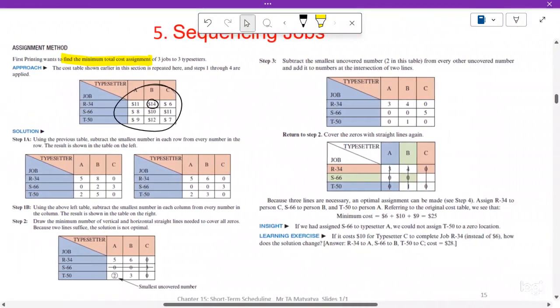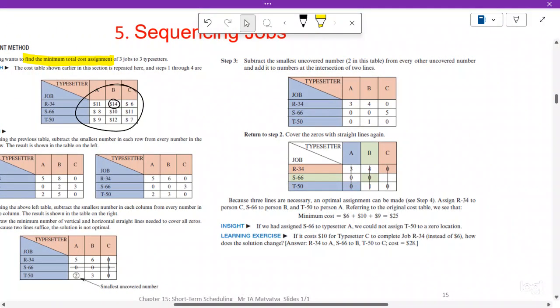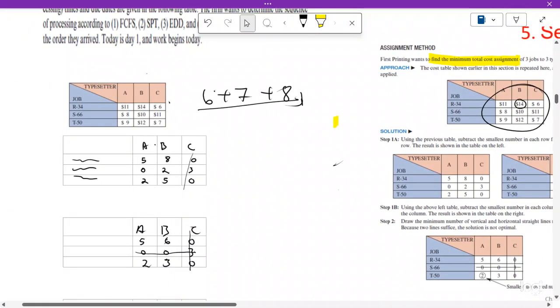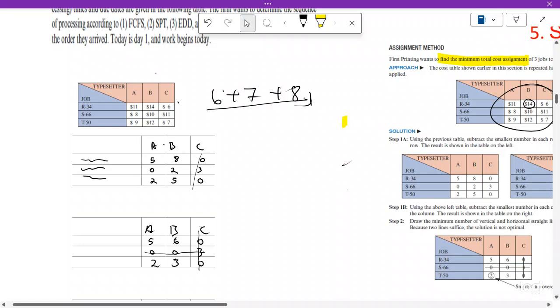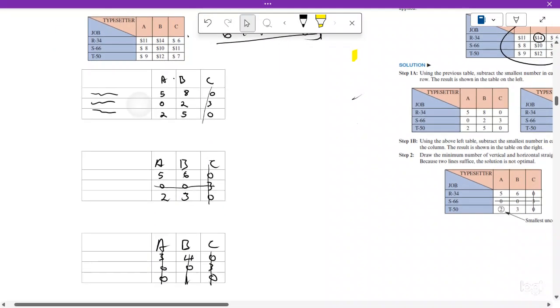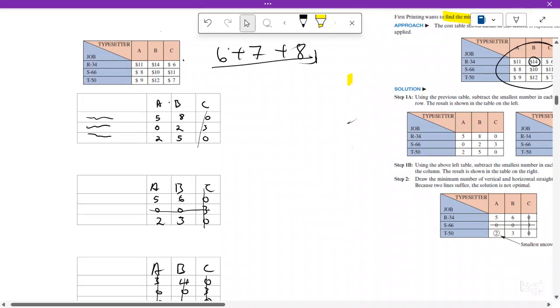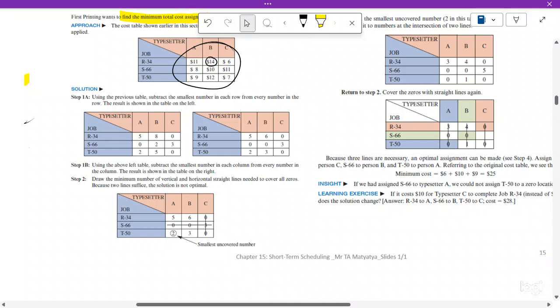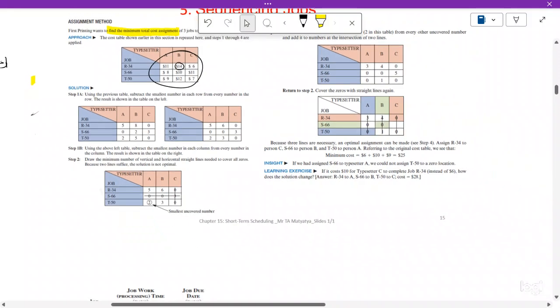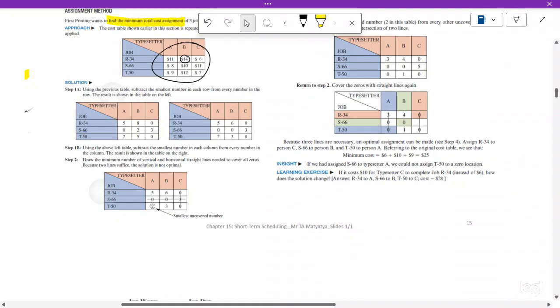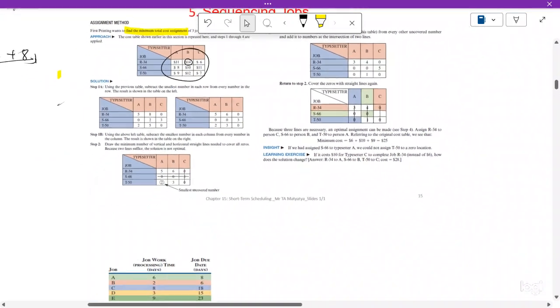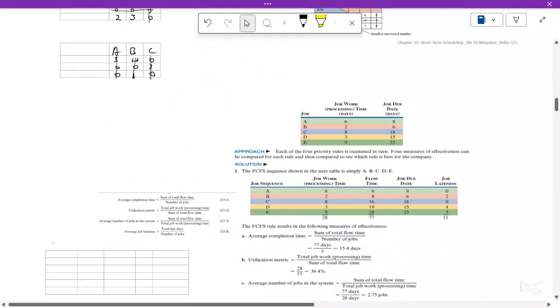I'm just forgetting how they did this. Okay, I still have to check it carefully. We'll get back to this one when we're doing problems. It's not a problem. Let's move right along.